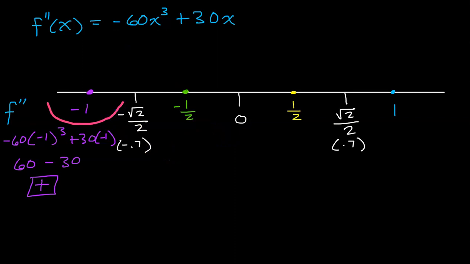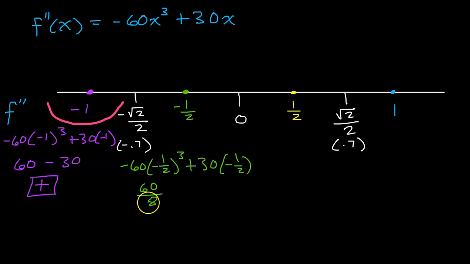Okay, let's take a look at -1/2. All right, I'm going to need a little bit more space for this, I think. So let's see. We'll have -60 times -1/2 to the 3rd power plus 30 times -1/2. Okay, so this is going to be -1/8. So that's just going to be 60 over 8.